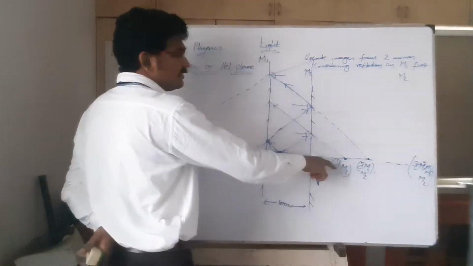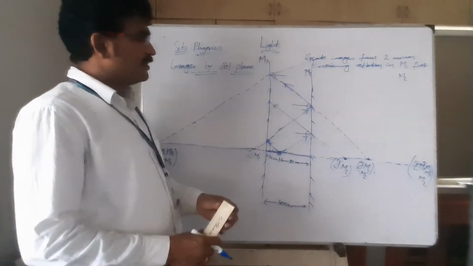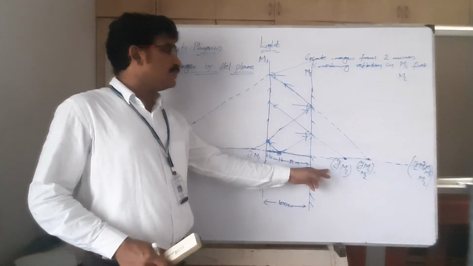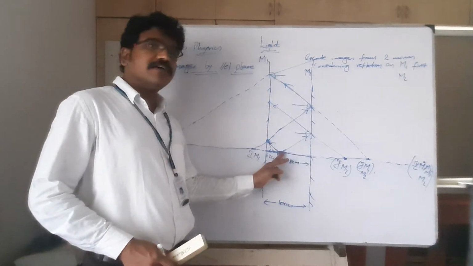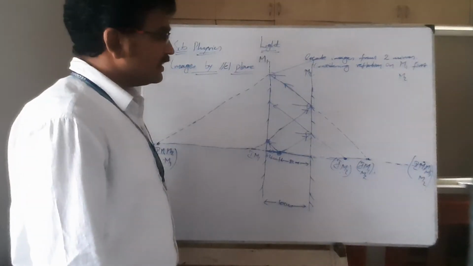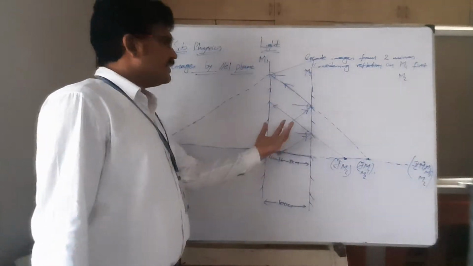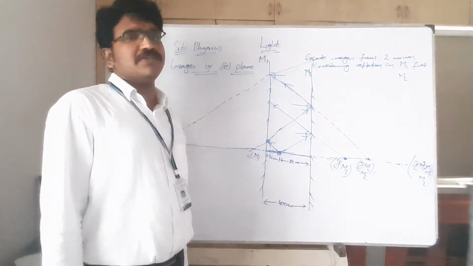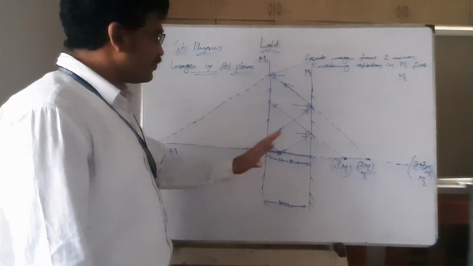This is the first image formed on M2 when I have taken the first reflection on M2. This is what you should understand. Like that you can get n number of images, an infinite number of images. Now a question is there.